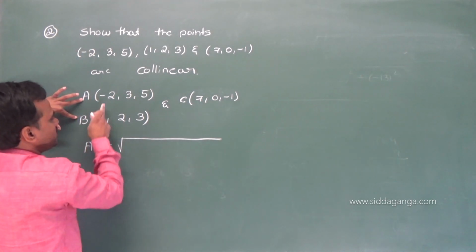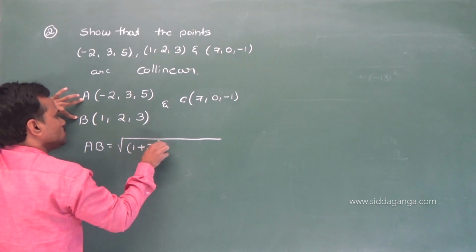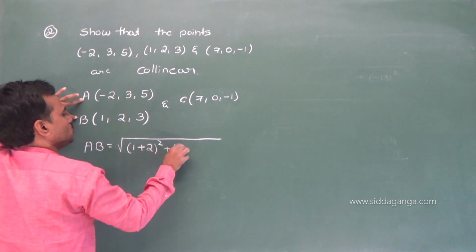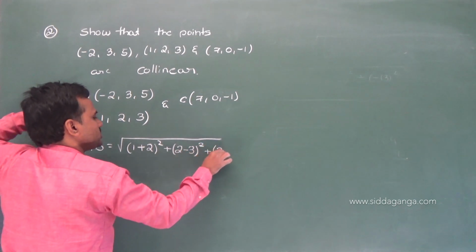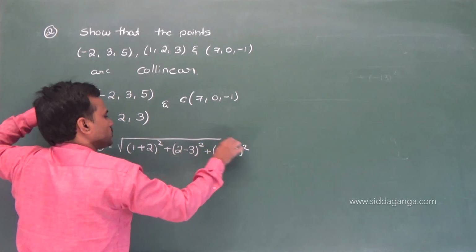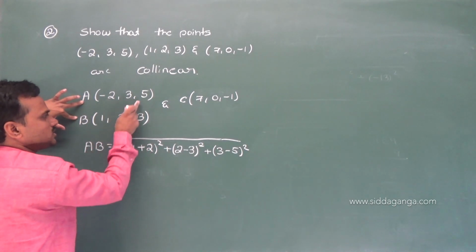AB is the square root of 1 minus of minus 2, whole square, plus 2 minus 3 whole square, plus 3 minus 5 whole square. Correct? x2 minus x1, y2 minus y1, z2 minus z1.